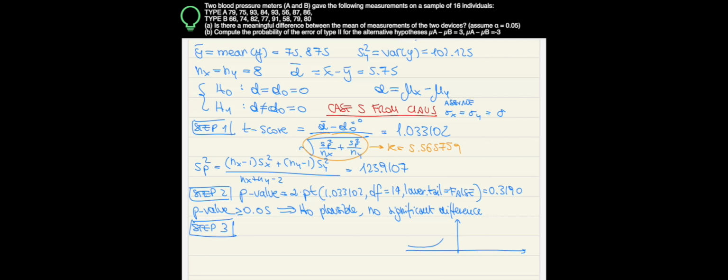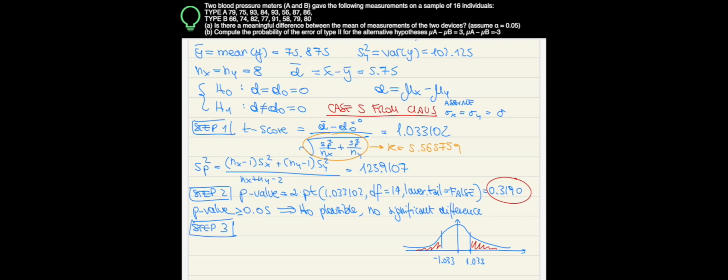So we have found that our t-score was 1.033, and minus 1.033, as usual, the p-value is here, and we found that the p-value was 0.3190.